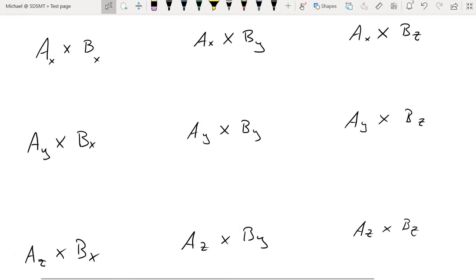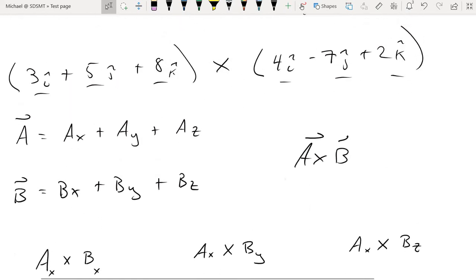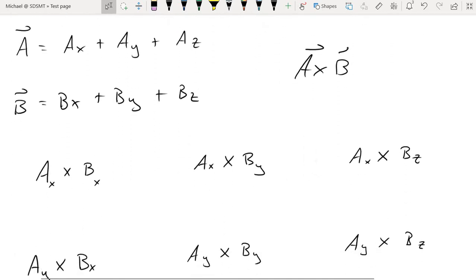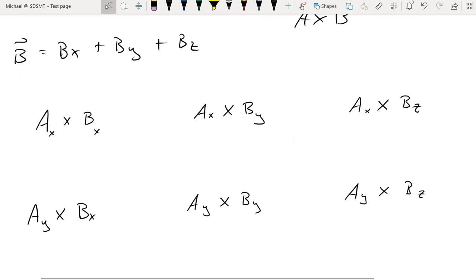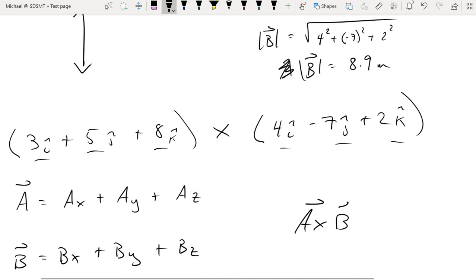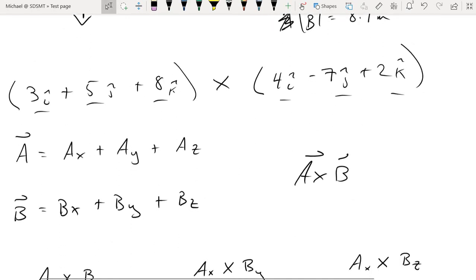Every one of these is a cross product of our respective variables up top here. But the nice thing about this is that for every one of these cross products, if I plug in the magnitude and angle relationships for every one of these combinations, my components are either x, y, or z.